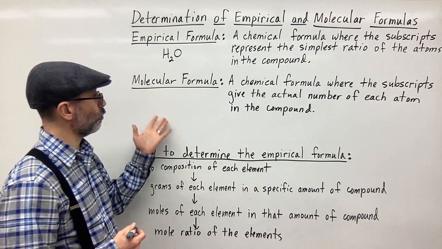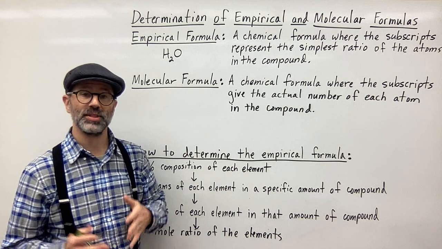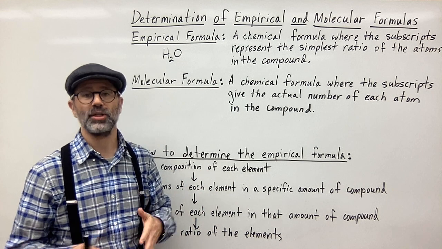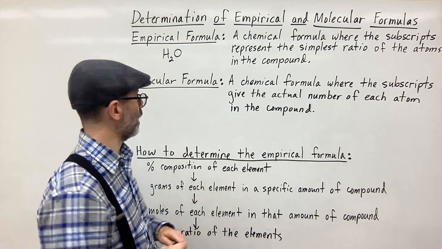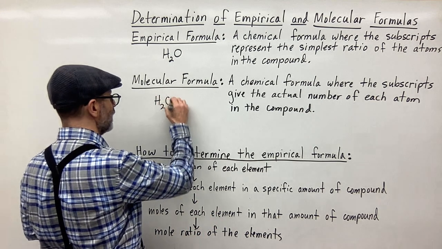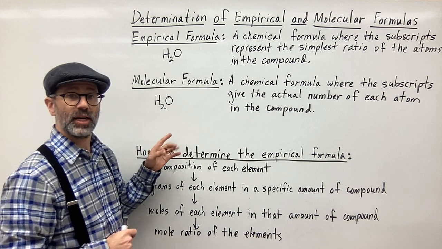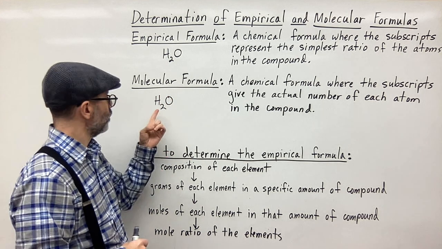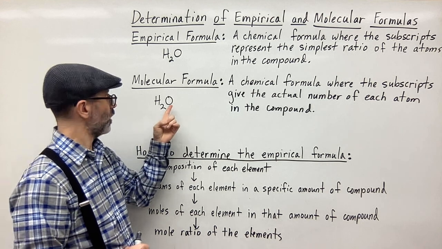What is a molecular formula? The molecular formula is the formula where the subscripts give you the actual numbers of each atom in the compound. So if I use water again as an example, H2O would be the molecular formula for water because in reality, the water molecule has two hydrogens and one oxygen.